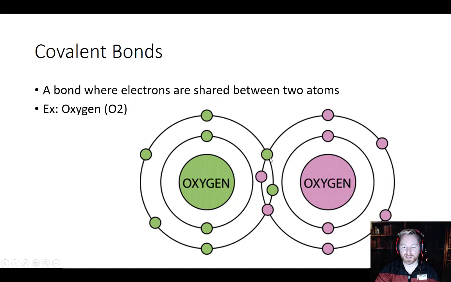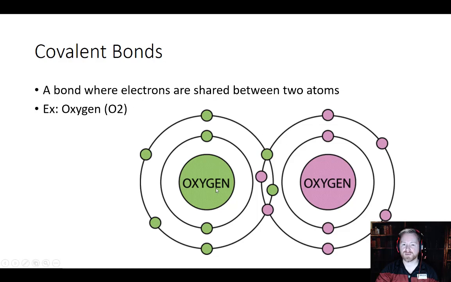If I were to actually draw how these extra electrons orbited, it would be a figure 8. It would go around both of them. Each atom is going to share the electrons with the other atom for the purpose of feeling like they have 2 more electrons in their outer shell. And by doing so, they bond together.